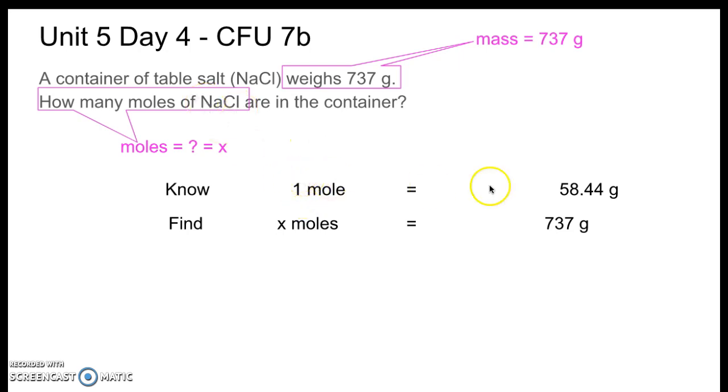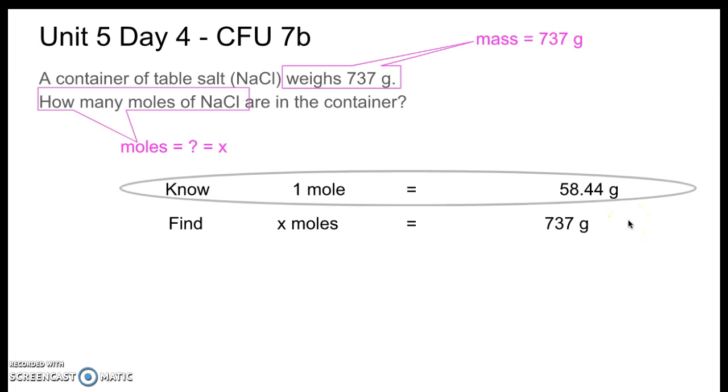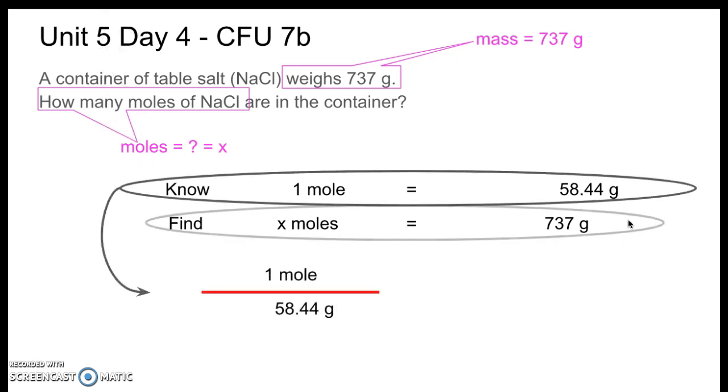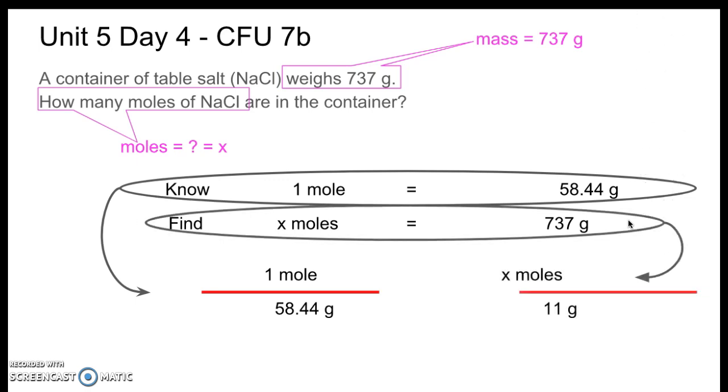So once I've calculated the molar mass, I know that 1 mole of sodium chloride is equal to 58.44 grams, and I'm trying to find the number of moles in 737 grams. So at this point, everything else is the same. I take my known information, turn it into a fraction, and my find information, turn it into a fraction, and then set those two fractions equal to each other. To solve, I cross multiply, and then I do what I need to do to isolate x.